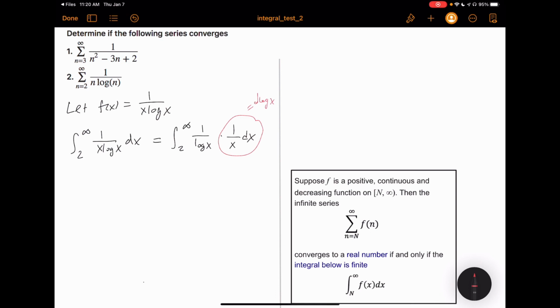So this is equal to the integral from 2 to infinity of 1 over log x times d of log x. So this is equal to log of log x from 2 to infinity. Because when x tends to infinity, this whole thing is infinity, so this is equal to infinity, which means that the integral is not finite, which indicates that this series diverges. So we conclude that it diverges.